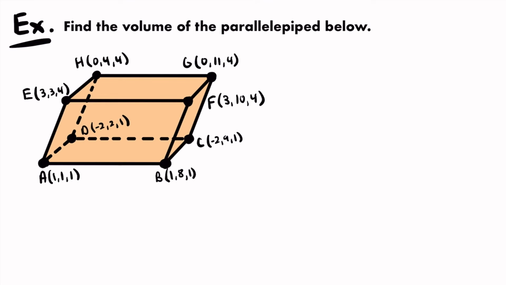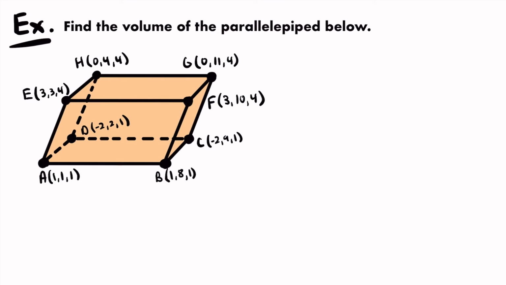Okay, and so in order to do that, when just given a diagram of a parallelepiped, we're not actually given the vectors in this case, we're given a diagram with some vertices. What we have to do is find 3 vectors that we can use to calculate the triple scalar product and ultimately the volume. And the way that you want to do that is pick one of these 8 vertices to start with.